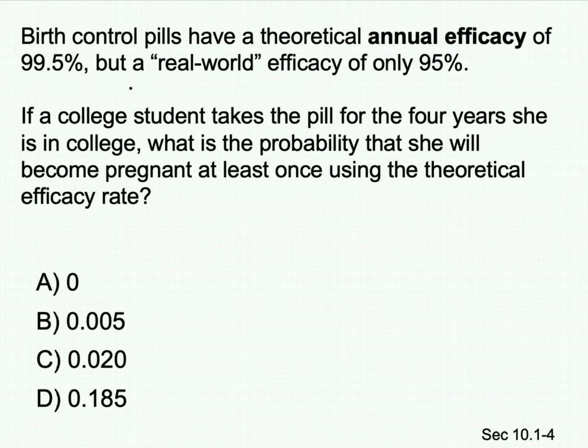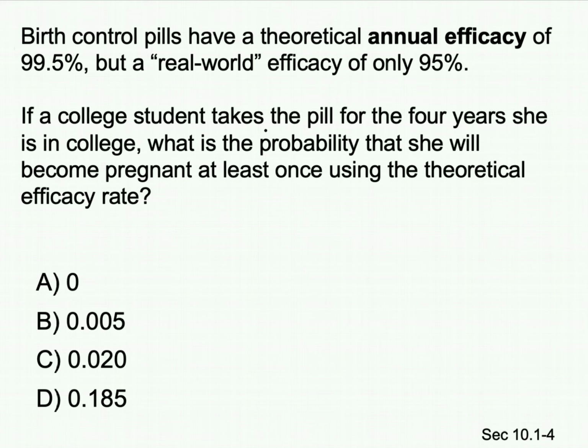So this particular question from chapter 10, textbook by Baldi and Moore, asks us to calculate some probability based on this data. Let's read through it. It's regarding birth control pills that have a theoretical annual efficacy of 99.5% and a real-world efficacy of this.